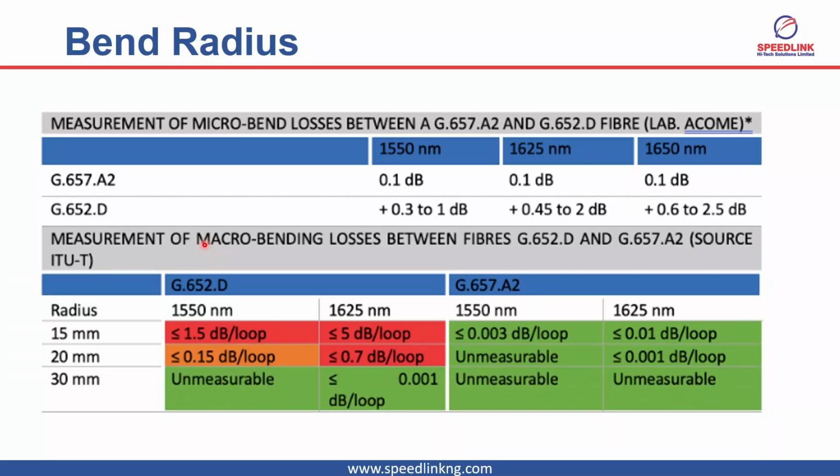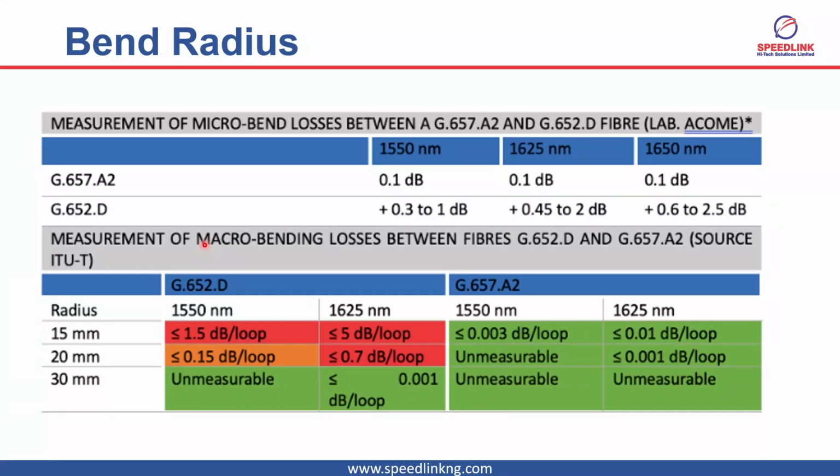Now, if your diameter of that bend is less than 30 millimeters, because of that, you have induced a loss of 1.5 decibel per loop.